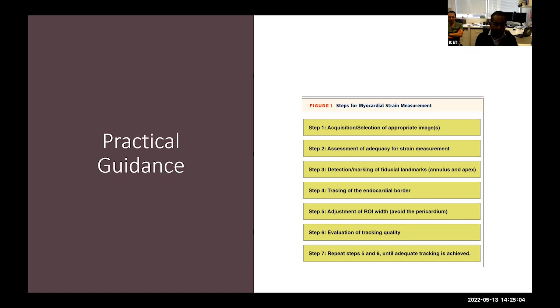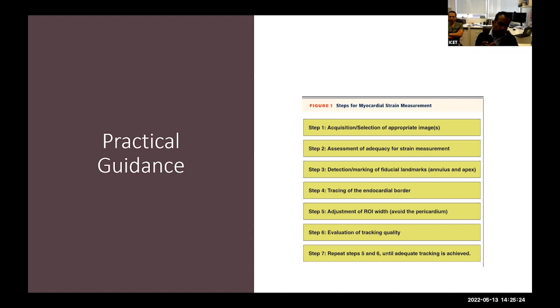And then, making sure that certain parameters, particularly the annulus, are not included, and the apex is not included. When you trace the endocardium or the endocardial border, you only include the endocardium and not the pericardium, because all of these things will affect your strain measurements.